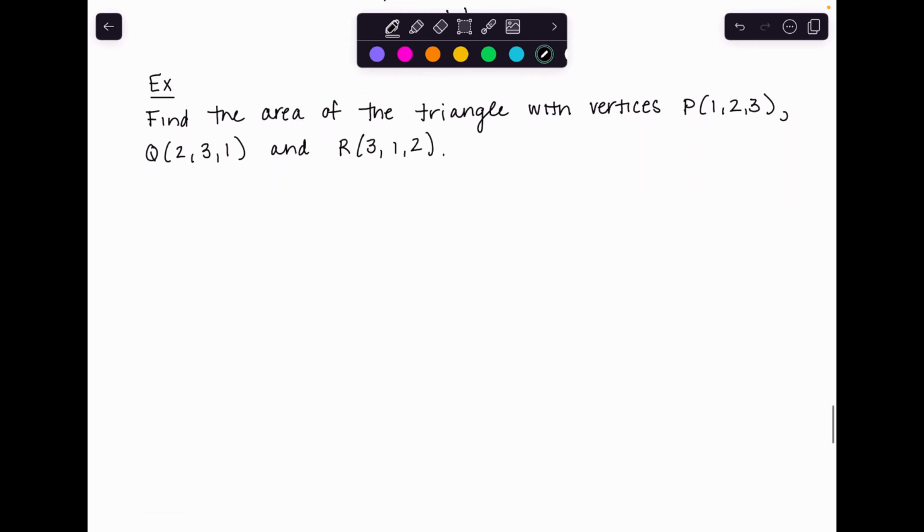Now, I definitely don't want to plot these in 3D, so instead I'm just going to draw a little bit of a picture. We've got 3 points, which I'll call P, Q, and R. We want the area of the triangle that's formed by these three points, so that is this area in here.